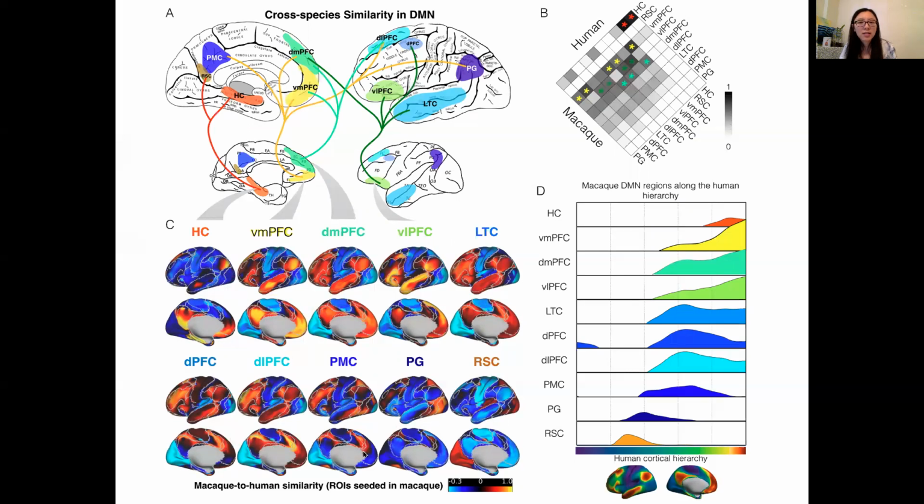This suggests that macaque may have a default network, but it is still under development and not at the same hierarchy level as the human default network. In particular, this is true for the dorsolateral frontal lobe, the posterior midline cortex like PCC and precuneus, and the TPJ area, which is the parietal gyrus here.